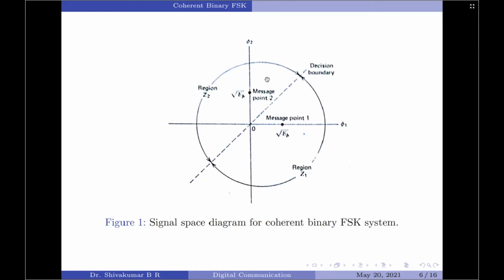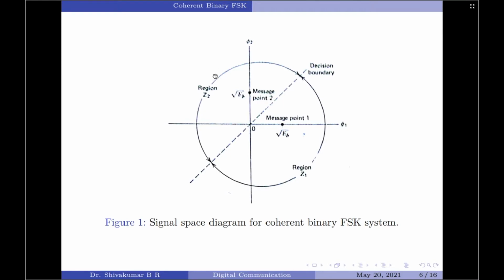Please note, in doing so, two types of erroneous decisions are likely to be made by the receiver. The first type of error, also called the first kind of error, is when symbol 0 is transmitted, but the channel noise W of t is such that the received signal point falls inside region Z1. Therefore, the receiver decides in favor of symbol 1.